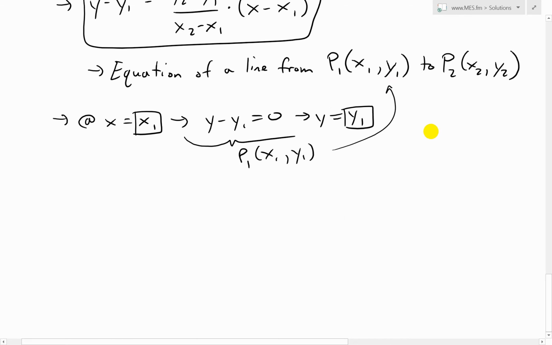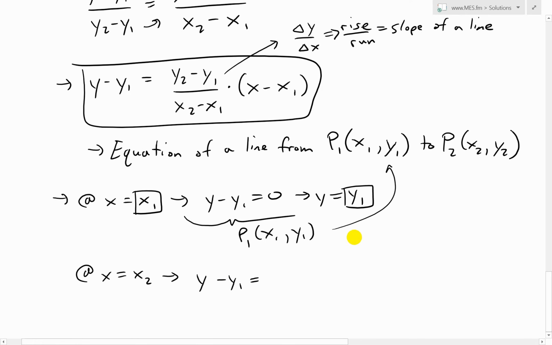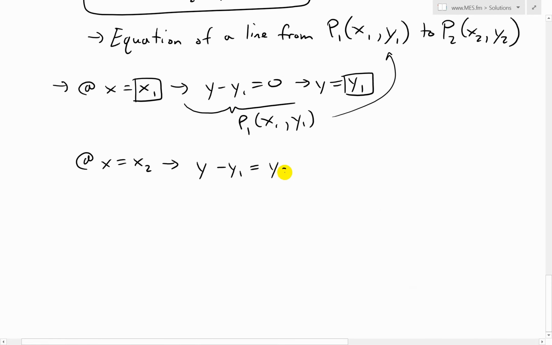Likewise, at x equals x2, what we have is y minus y1 is equal to y2 minus y1 over x2 minus x1, times x2 minus x1.